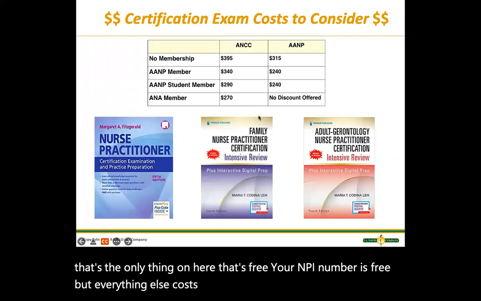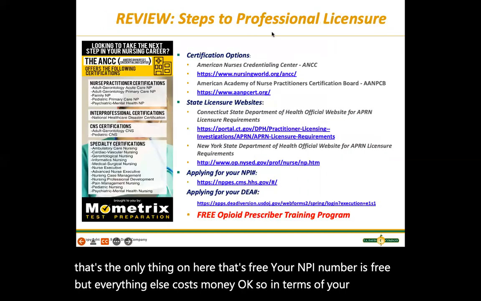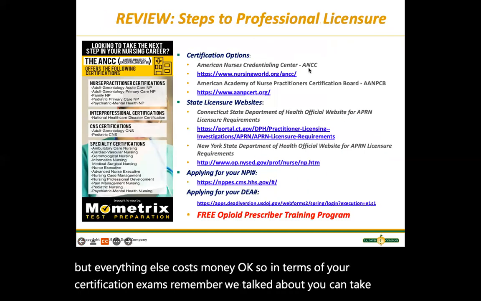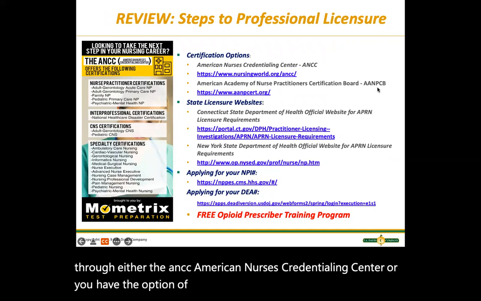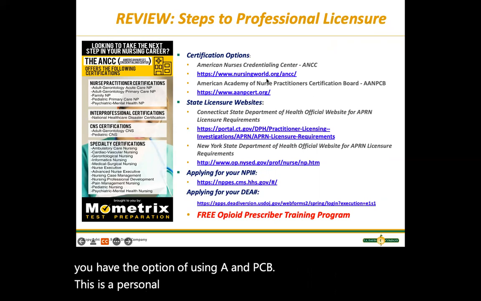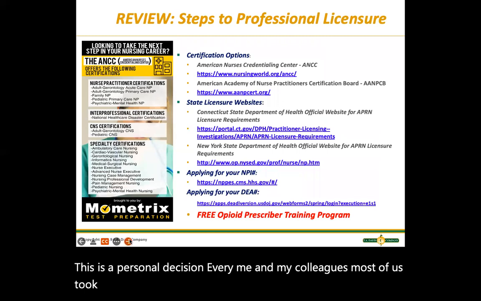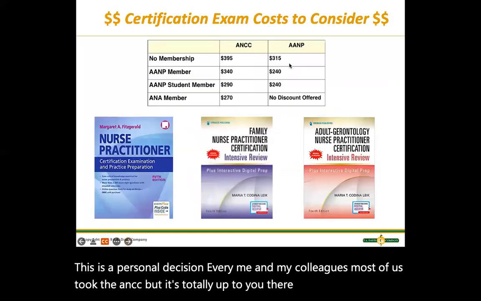Okay, so in terms of your certification exams, remember we talked about you can take it through either the ANCC, American Nurses Credentialing Center, or you have the option of using AANPCB. This is a personal decision. Me and my colleagues, most of us took the ANCC, but it's totally up to you. There are differences. You're going to want to do some research.